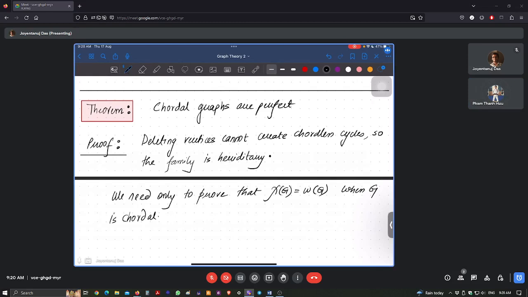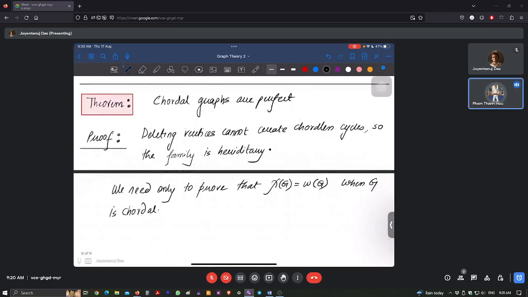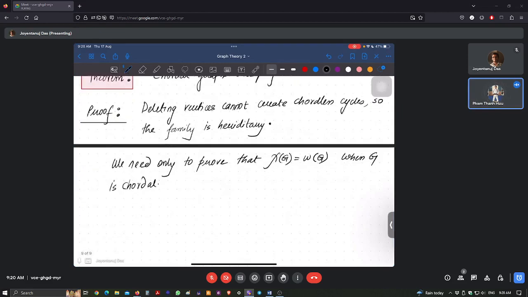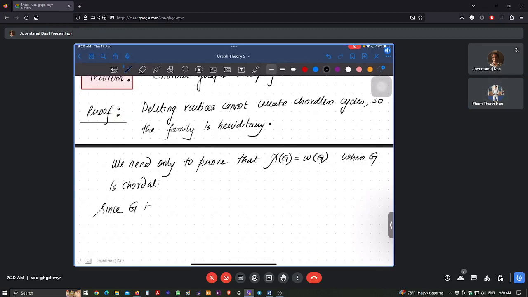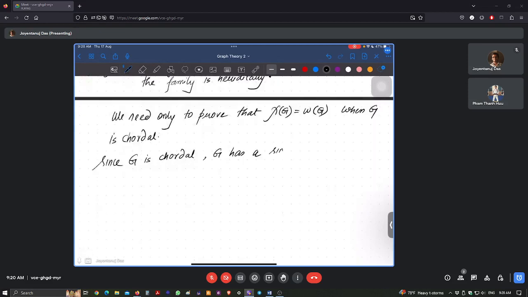We have already shown in a previous theorem that if G is chordal, it has a simplicial elimination ordering. So since G is chordal, G has a simplicial elimination ordering.